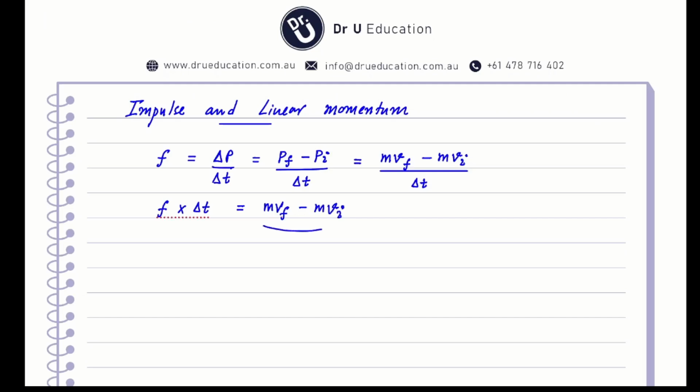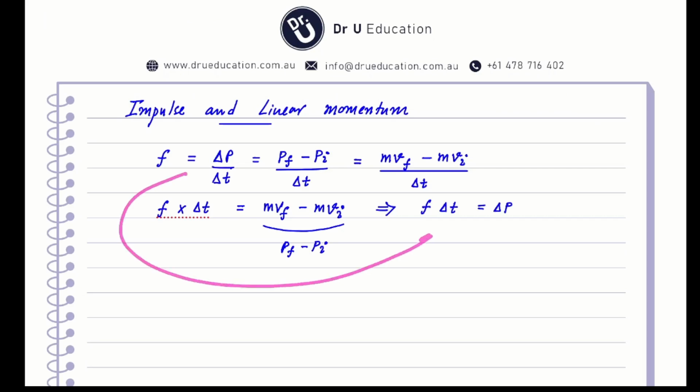So we have to understand this is nothing but P final minus P initial. So in short, you can say F delta T is equal to delta P. So that you can easily obtain from here.